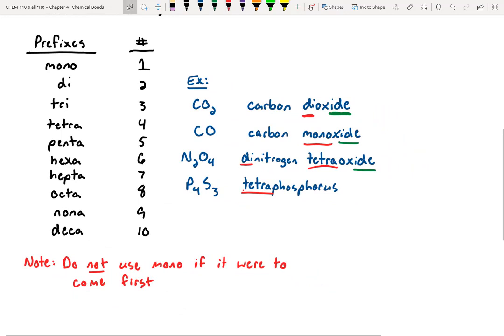So this would be tetraphosphorus. Tri means we have 3. Sul for sulfur. And then we want to have the IDE suffix. Does that make sense? And like I said, try to go with the one that flows off your tongue the best. It doesn't sound that right to say trisulfuride, but it makes a lot more sense to say trisulfide. So lop off the most appropriate last syllable and then replace that with the IDE, and it sounds a lot better.